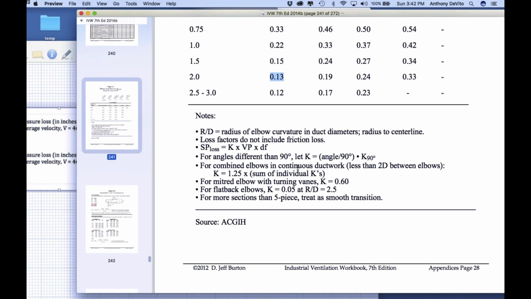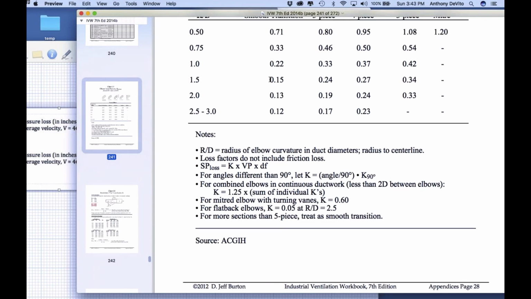For angles different than 90 degrees, let the angle over 90 equal the fraction times K90. In other words, whatever the fraction of the angle compared to 90 degrees is, multiply the K value for the full 90-degree turn. So in this case, it's 45 over 90, or 1/2. So we're going to take half of that 0.13.